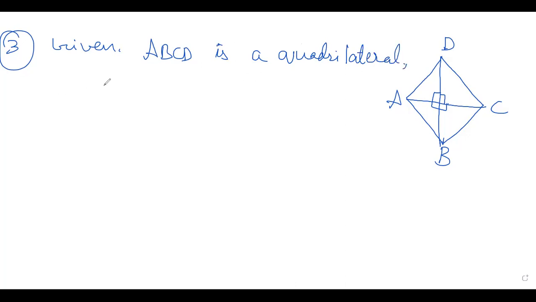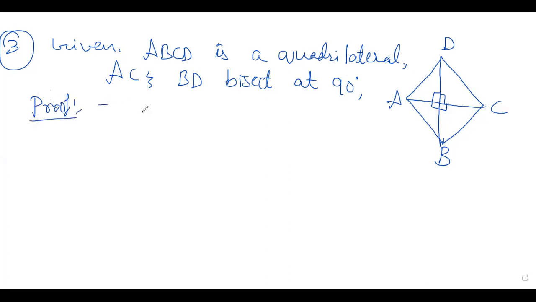ABCD is a quadrilateral. AC and BD bisect at 90 degrees. It is given, and you are going to prove ABCD is a rhombus. We have to prove it as a rhombus.